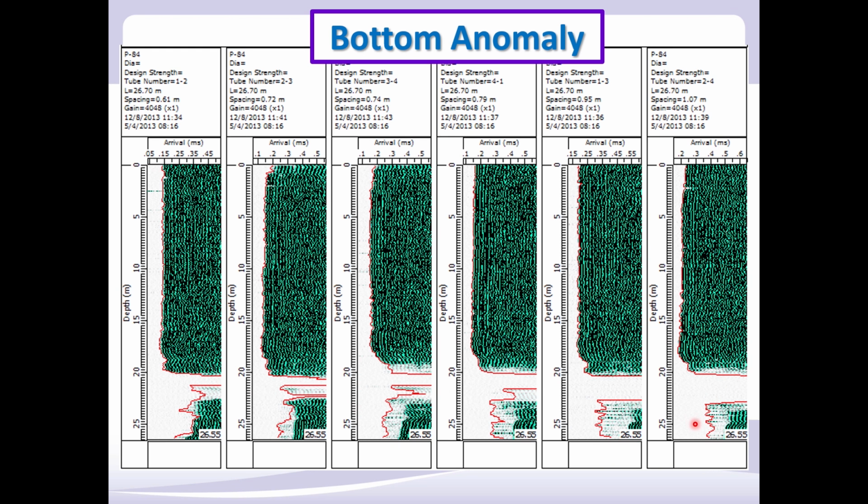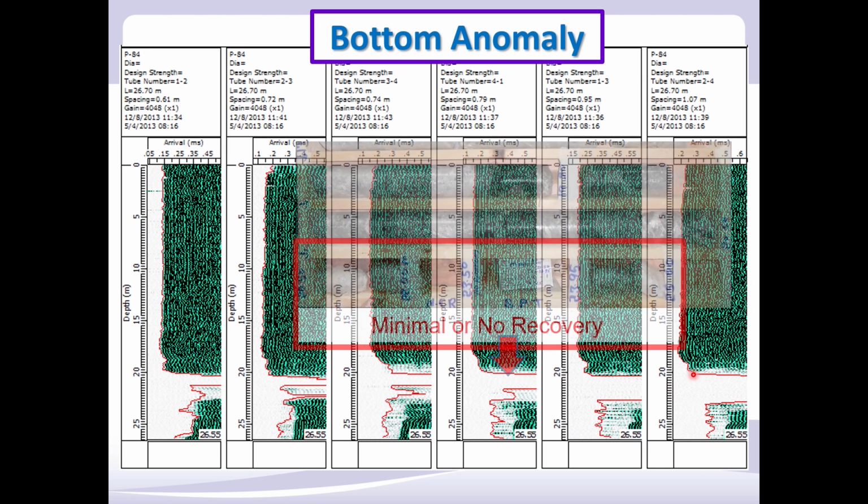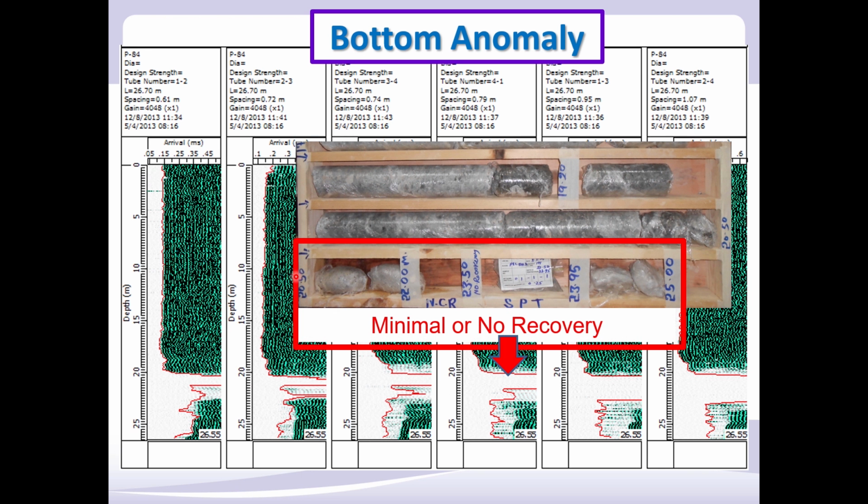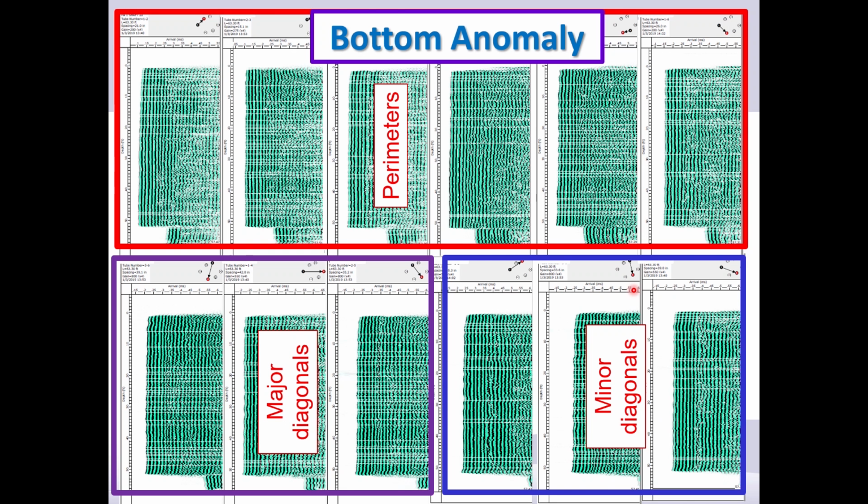Clearly, we see a problem down here starting at the 20-meter depth, and it was cored. There's the 20-meter location down to 25 meters, so 20 to 25 meters. Very poor recovery, not a surprise based upon the crosshole sonic logging result.